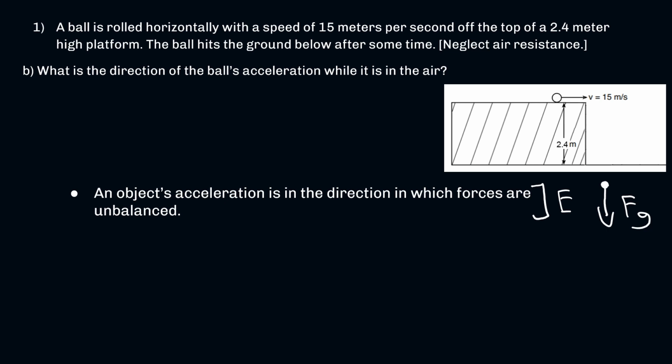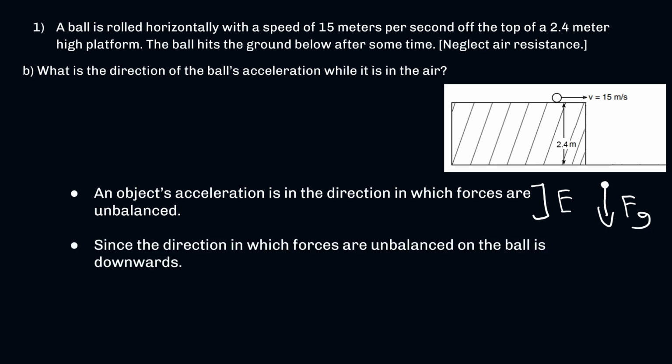Then I'm going to have my reasoning based on this. Since the direction in which forces are unbalanced on the ball is downwards, I can then make my claim, which is my answer, that the acceleration is also directed downwards.